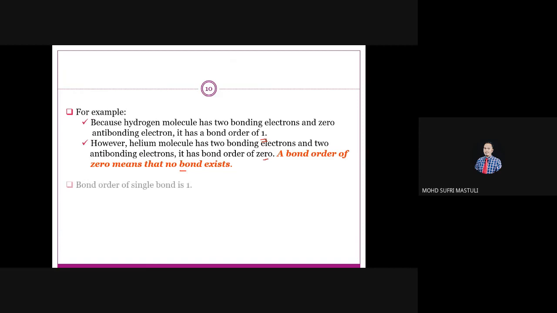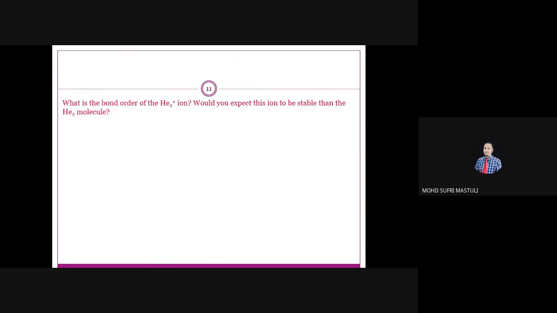All right. So generally, the bond order of a single bond is 1. Bond order of a double bond is 2. Bond order of a triple bond is 3. Okay. So we can use the bond order to describe the stability of either the molecule or ion.